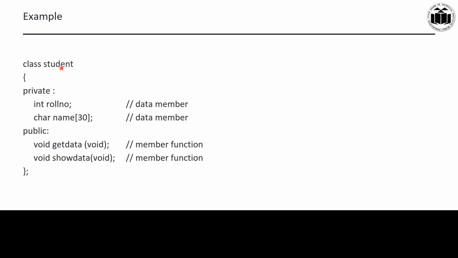So the class is student, then private followed by a colon, then int roll number, char name. Then public again followed by a colon, void, which is the return type, get data, which is a member function name, taking void arguments. Then again a void return type, show data is a member function name, and void are the arguments.